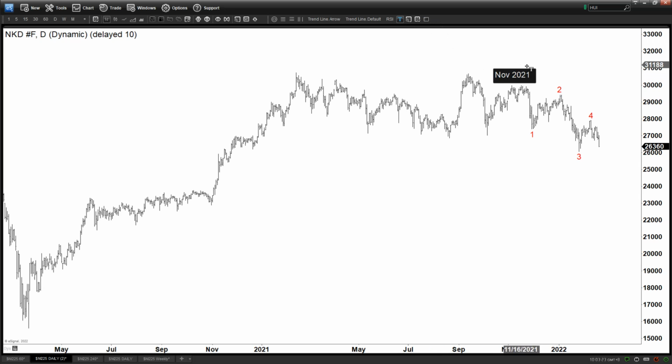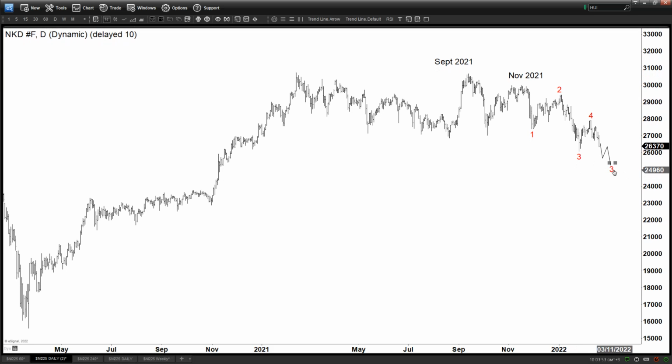You can see we also got another high here in September 2021. So take a look at this structure then. You got a lower high from here and 5 waves from here. We're looking for the downside for now, basically something like this to finish 5.